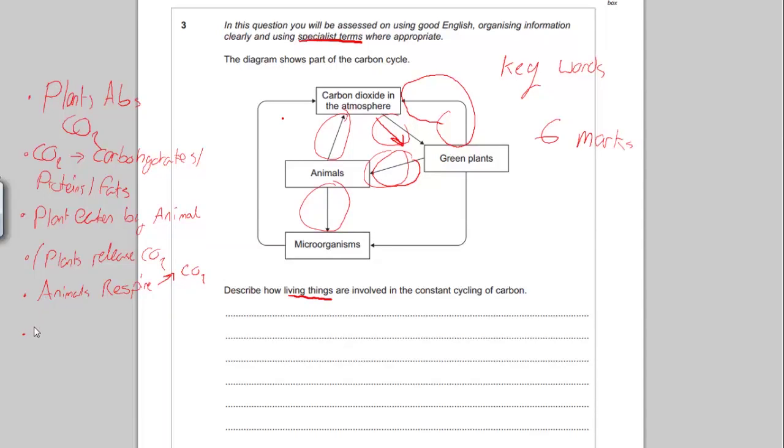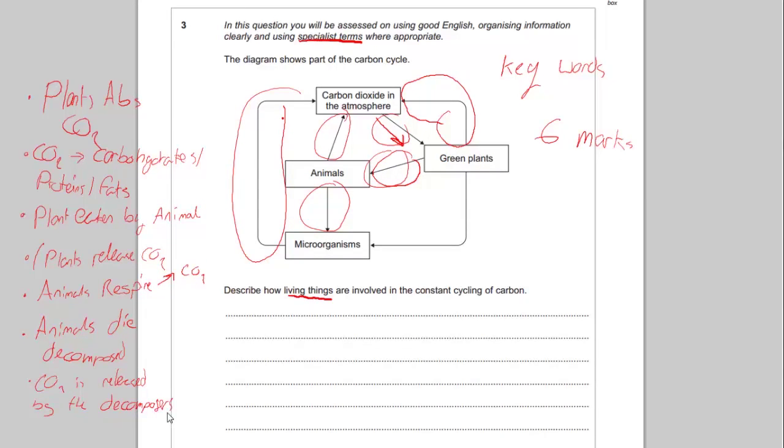This step is when animals die and are decomposed by the microorganisms, and then this step is when CO2 is released by the decomposers. So this is all the steps in the living cycle for the carbon cycle.